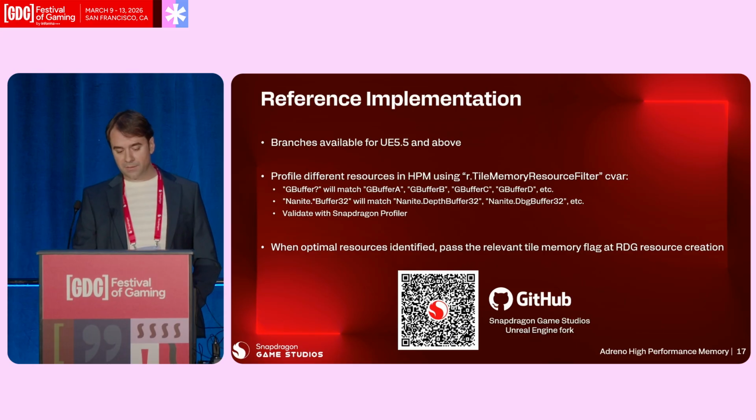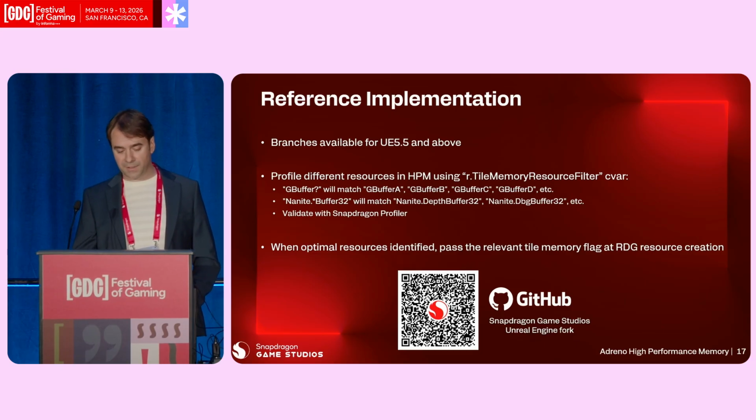So we provide a reference implementation for UE 5.5 and above. It's posted on our public GitHub fork of the Unreal Engine. It features a string console variable that lets you quickly play with various resources that you might want to put in high performance memory.